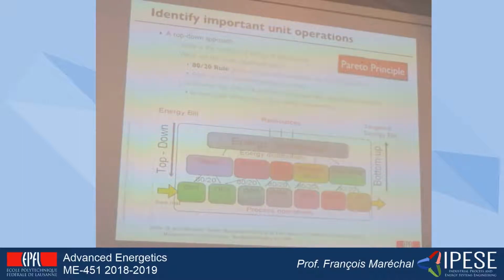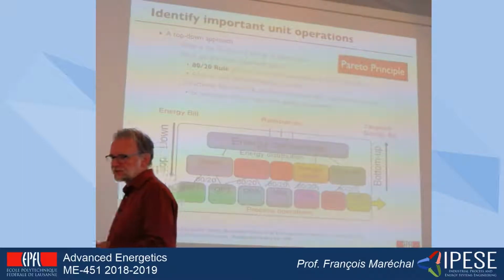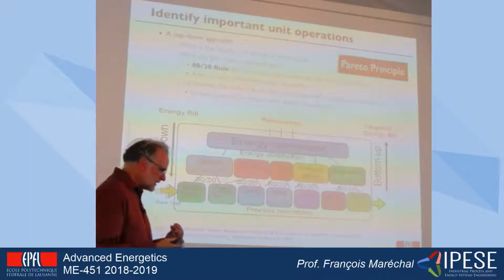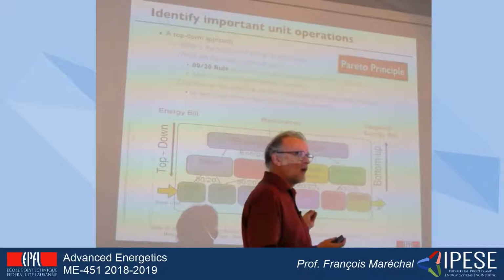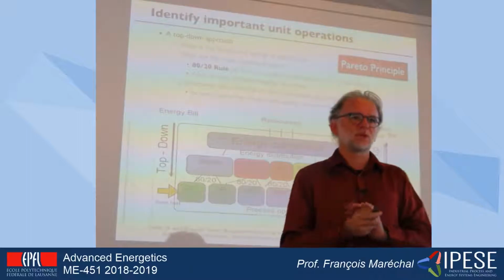So you can forget about them because they do not explain the energy bill and they are not important for the energy efficiency of the system. So from this analysis, I will have a way to target which are the good process units to be considered.